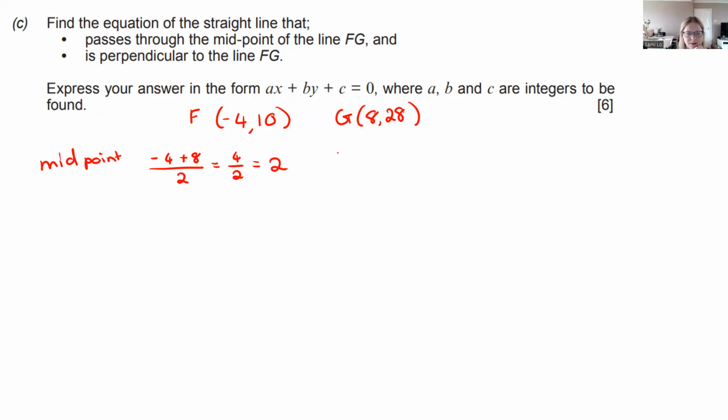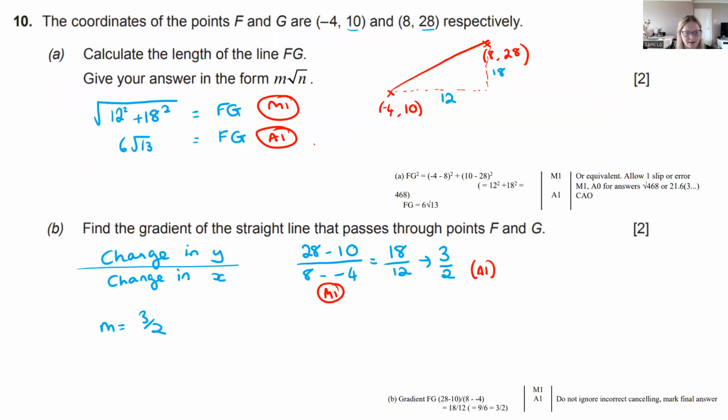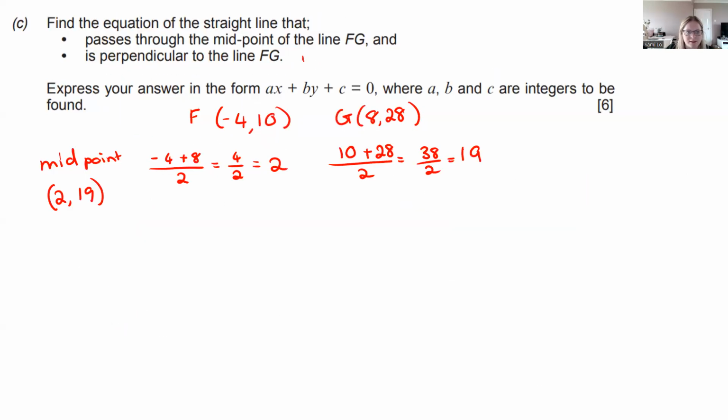So that's my x value, and I'm going to do the same again. So 10 plus 28 all over 2, which gives me 38 over 2, which is 19. So my midpoint final answer is (2, 19). It says it's perpendicular. So if we go back again, our gradient m was equal to 3 over 2.